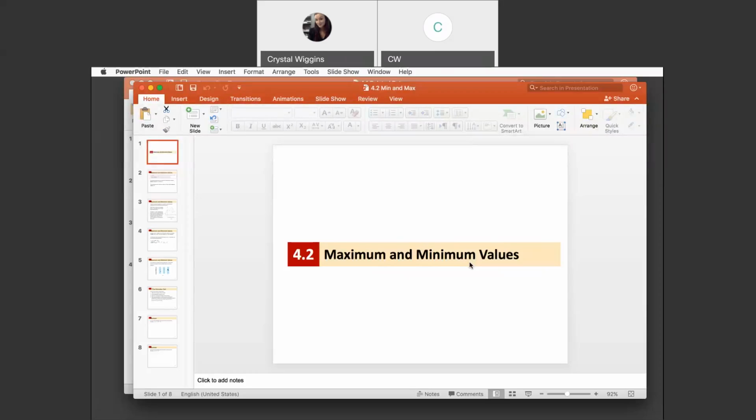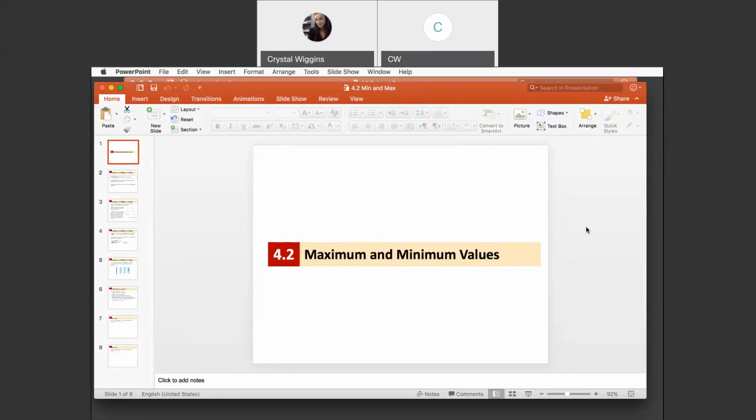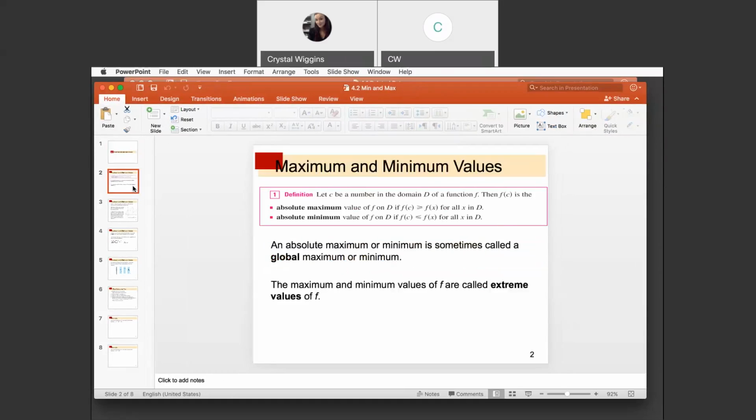Talking about mins and maxes. Let c be a number in the domain of the function, which recall the domain is the x values.